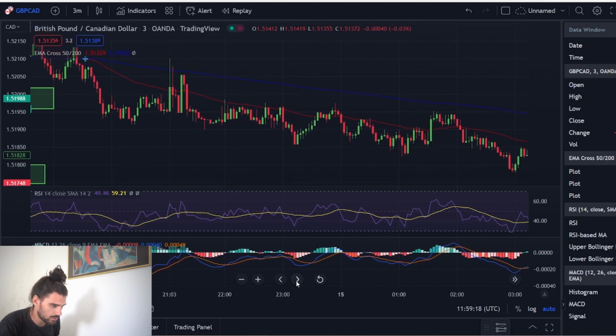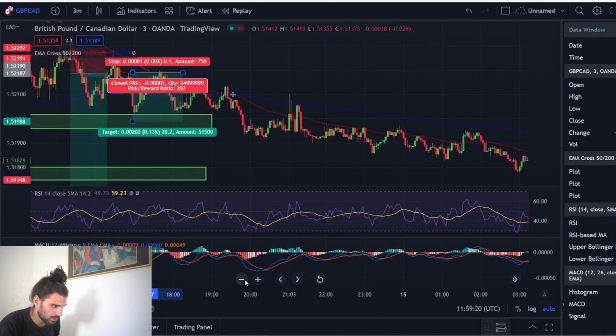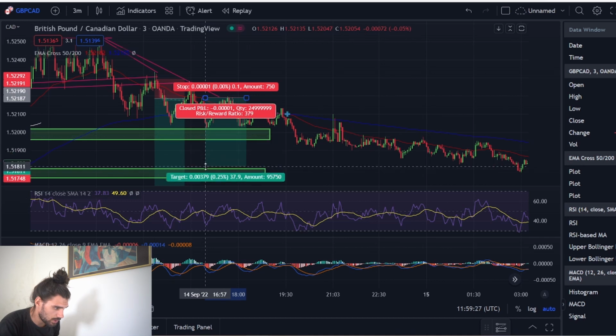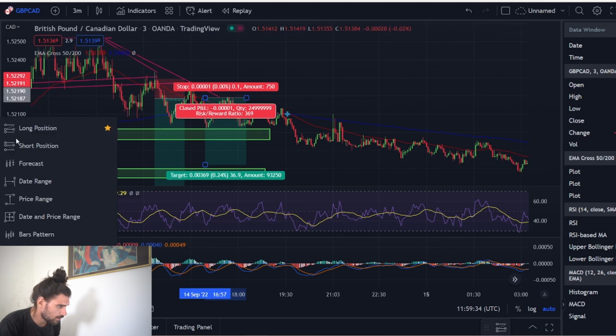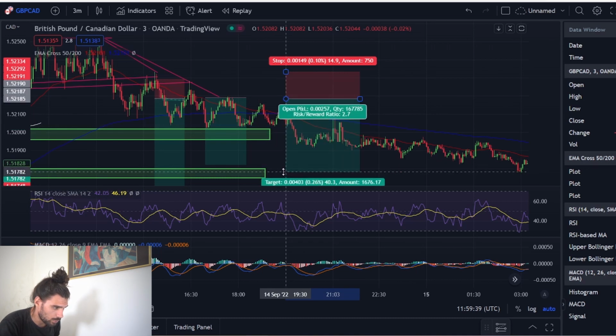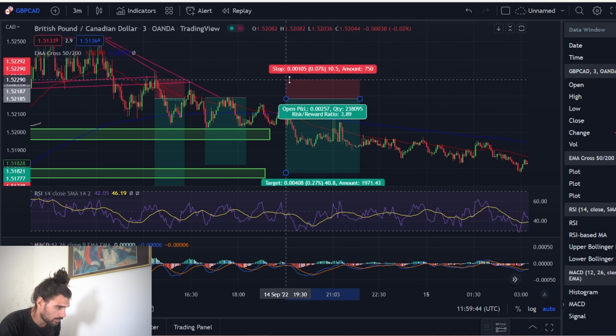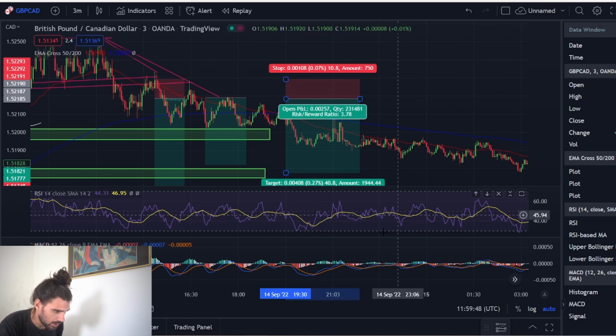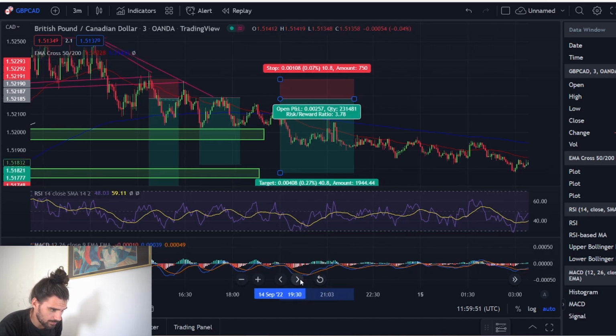The market goes here now, kind of hit the highest point of this next support area, which is here a 1 to 3.78 risk reward target. So let's see what happens next.